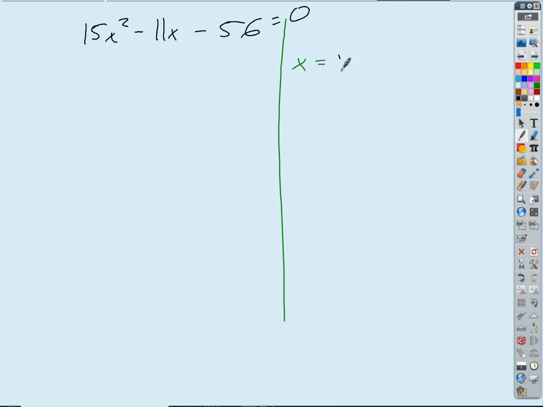So I get x equals 11 plus or minus the square root of 121 minus 4 times 15 is what, 60? So we're going to get a plus, aren't we? 60 times 56 is going to be 3,360, is that right?